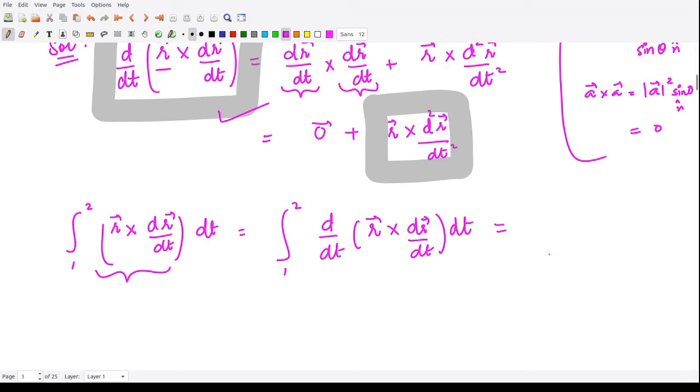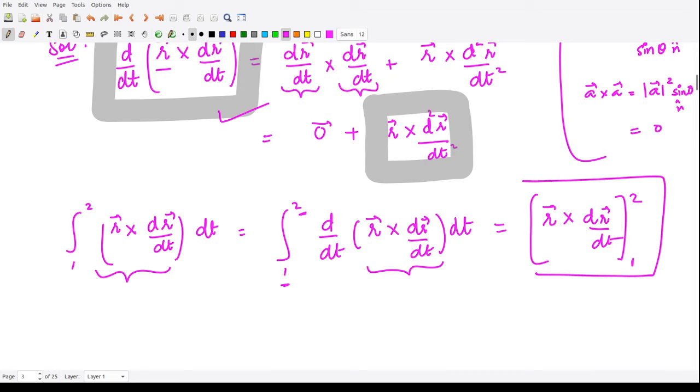So basically what do we have here? We will have the value of this function r cross dr by dt evaluated at the limit points. That means you will substitute the final and the initial limit here, right? So we are to solve this quantity now. That is the next task over here.